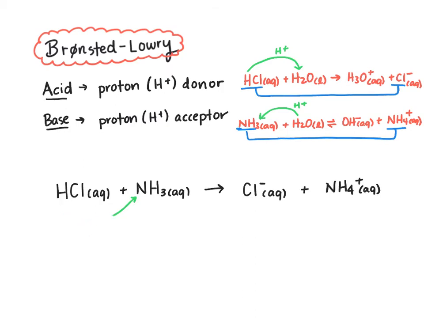Now, in this example, we have 2 what we call conjugate pairs. HCl and chloride is a conjugate acid-base pair. They differ by 1 proton.